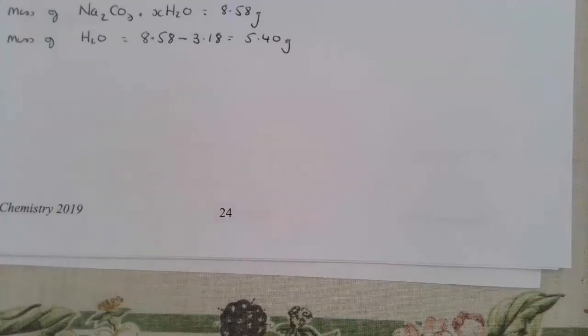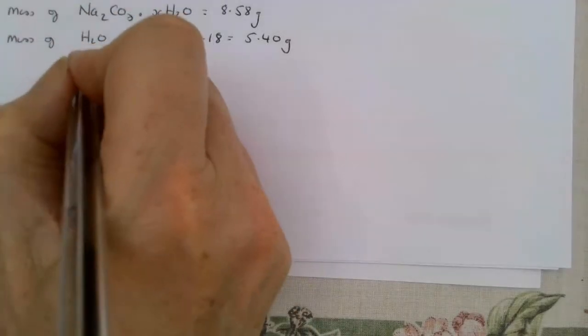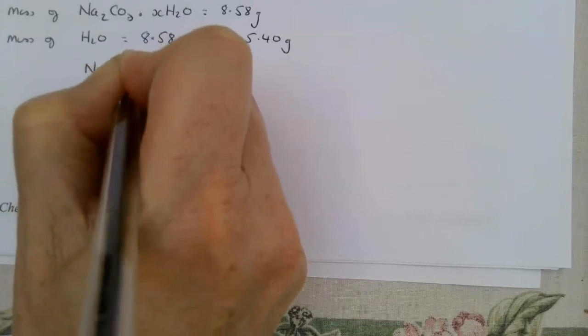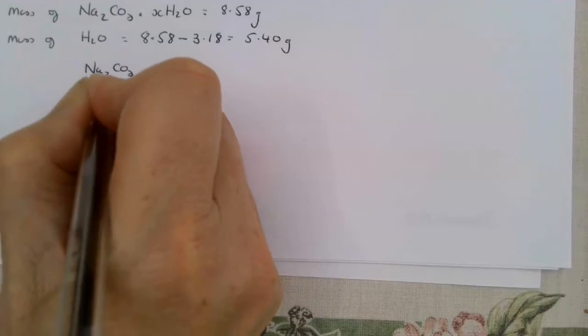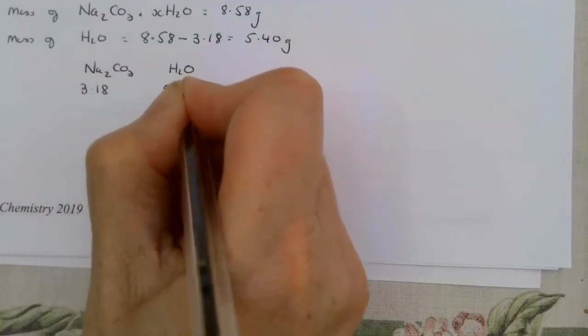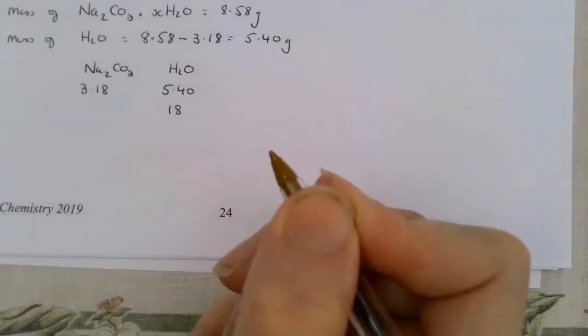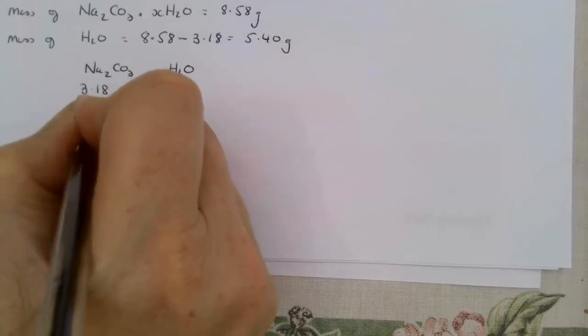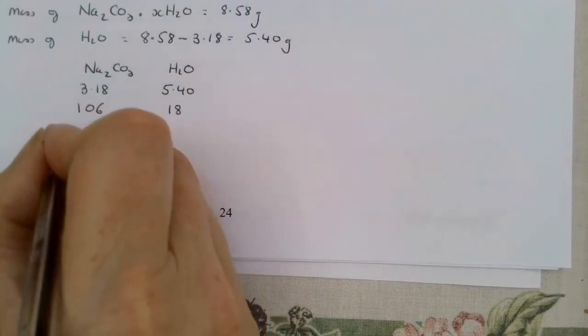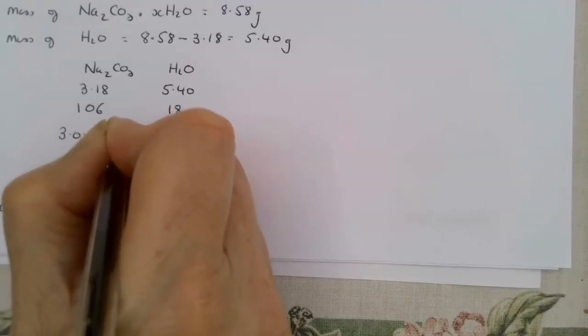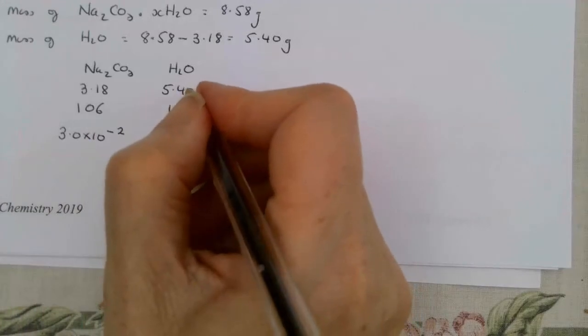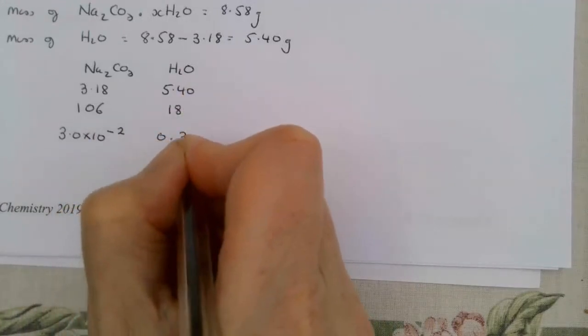This then takes us back to an empirical formula calculation, or a waters of crystallization calculation that we did in moles 1, because I have my sodium carbonate and I have my water. So I have my mass of this as 3.18, I have my mass here, 5.40, divided through by the RMM, which in this case is 106, so I get back to 3.0 times 10 to the minus 2, and 5.4 divided by 18 gives me 0.3.